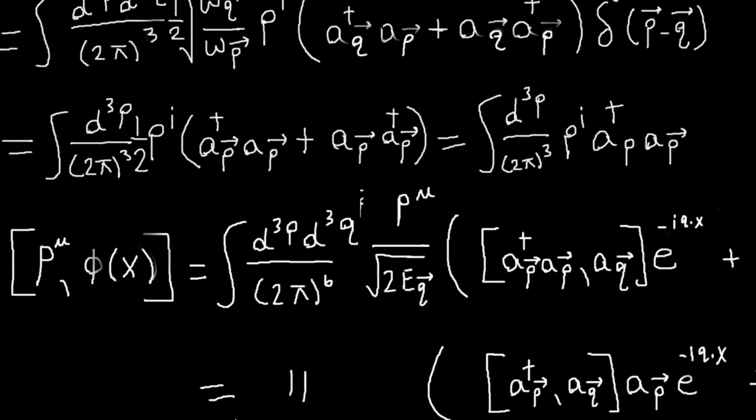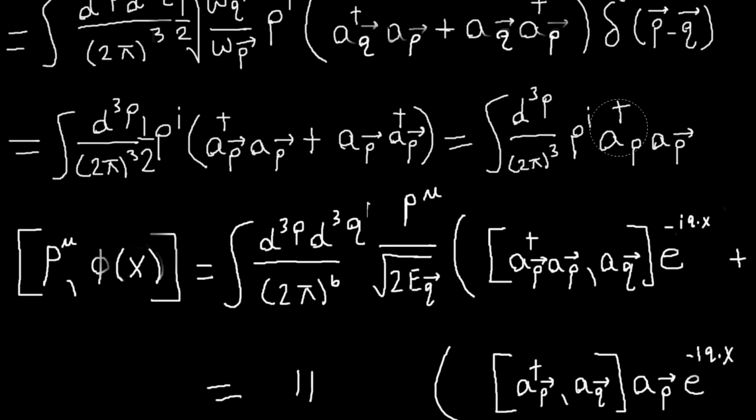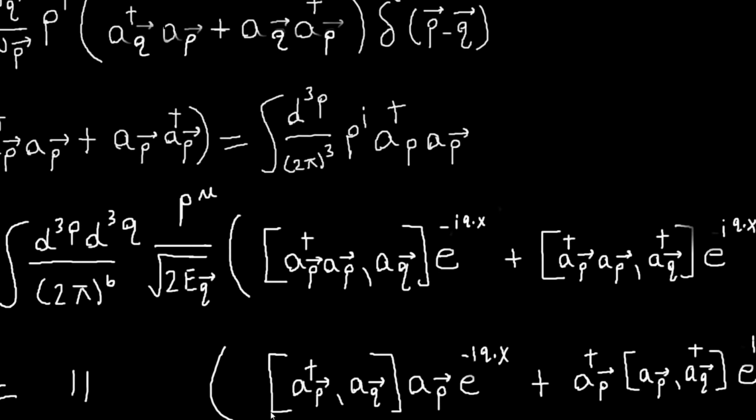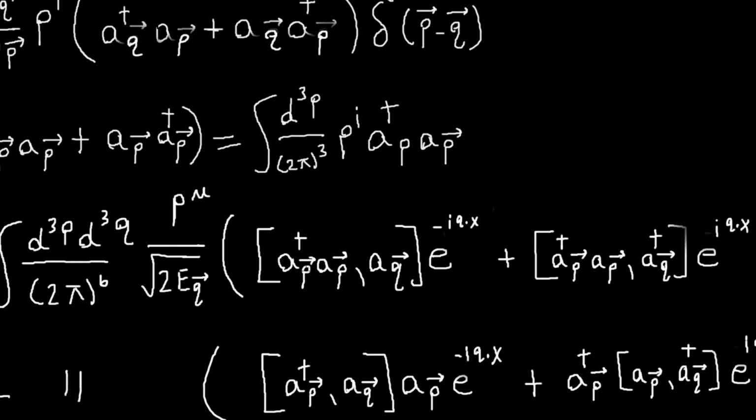If we do this commutator, I can bring out the integrals in both of these terms, and I just have to worry about the commutator with phi, which has two terms, one involving the lowering operator, one involving the raising operator. So I can just write it like this.